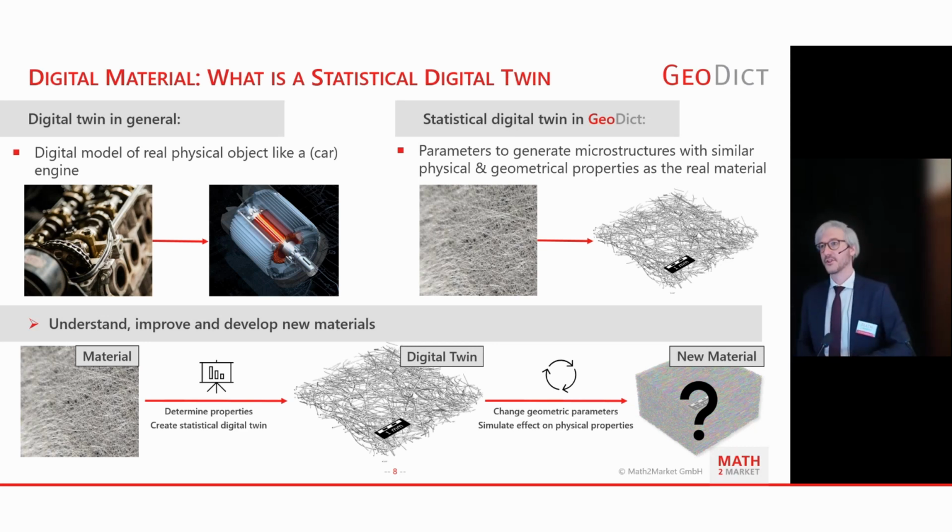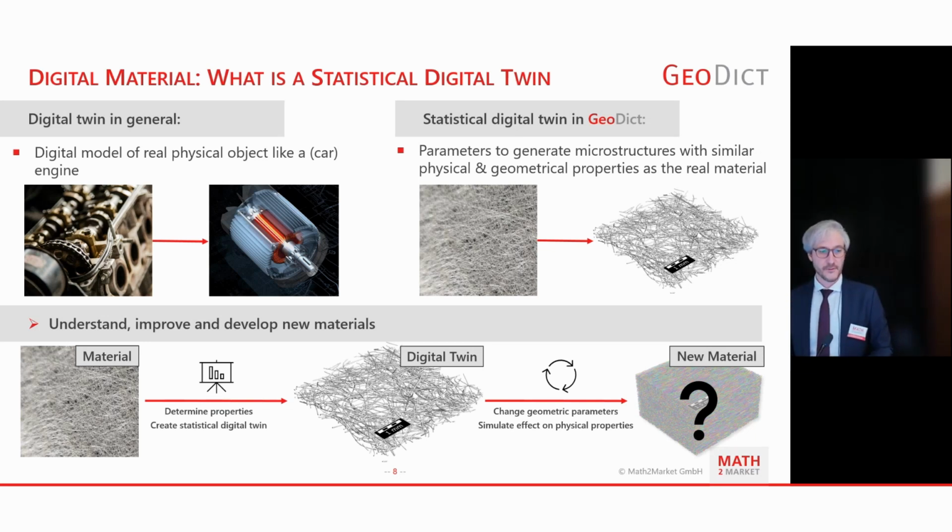For example, a digital twin of a car, to see how the car behaves in reality, updated with real-time data. But when we talk about a statistical digital twin in GeoDict, what we actually mean is the set of statistical parameters that we use to generate a microstructure that has similar physical and geometrical properties compared to the real material.